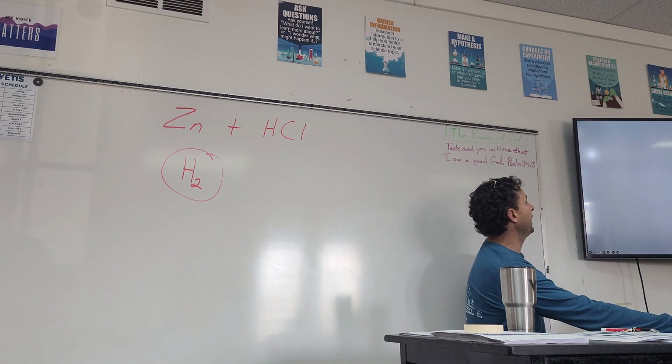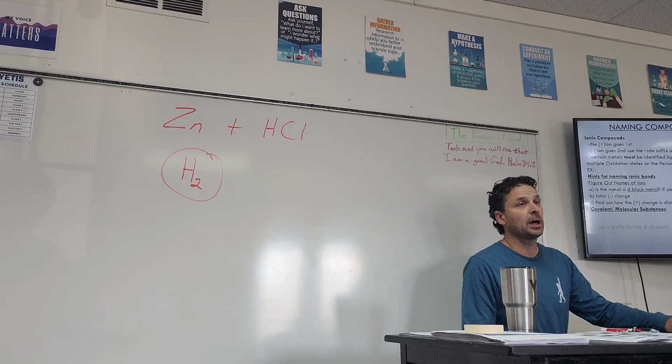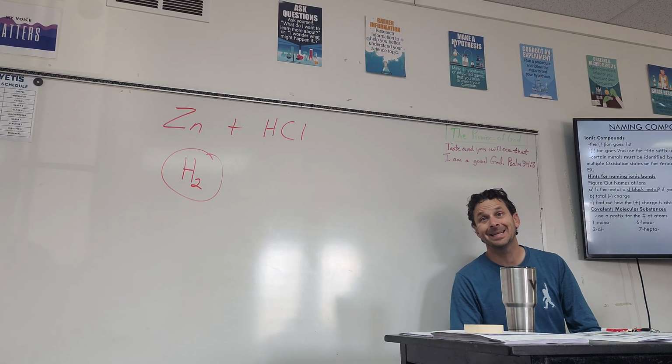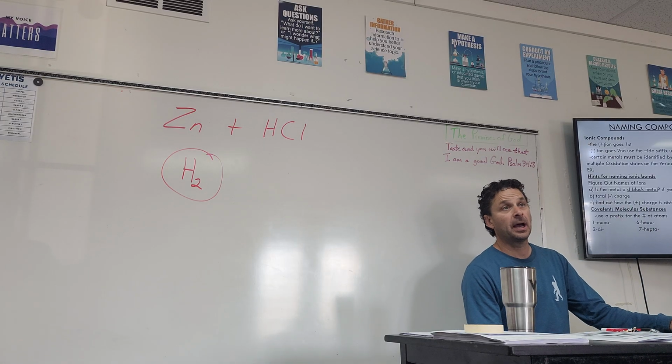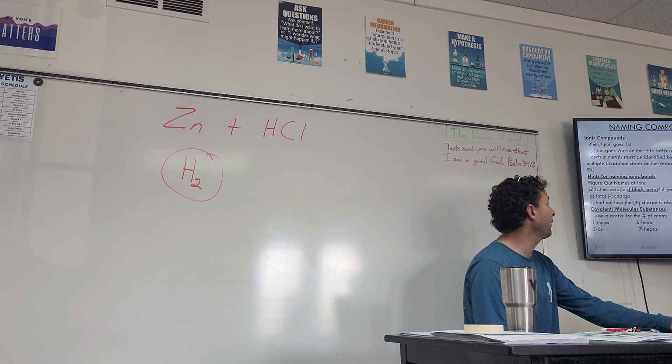So this is the final part where we went through naming ionic compounds. We're going to practice these today in class, and you're going to have some more practice for homework on Friday.